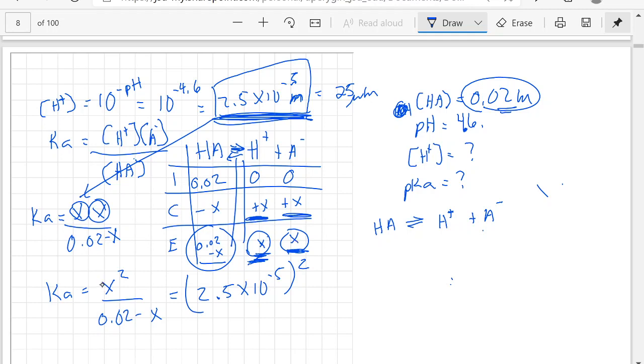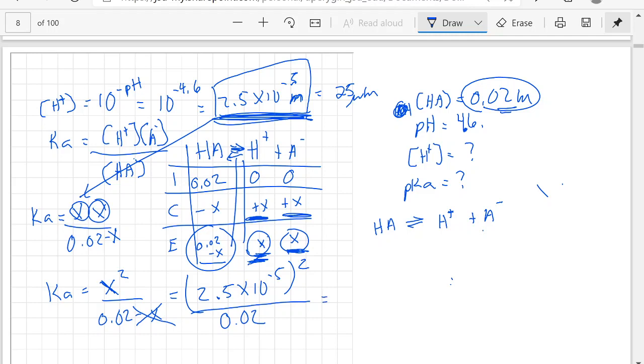So that's going to be 2.5 times 10 to the minus fifth squared over 0.02 minus X. But we're going to make the assumption that we can eliminate this X, because it's going to be a really small number, usually. Now, I think that your book goes through and does the quadratic equation on this, but the answer is within 100th of the answer that they get, and therefore I'm just going to go ahead and use the approximation method by eliminating that X.